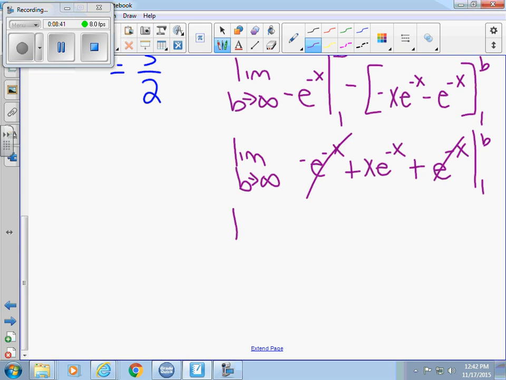Plug in b and plug in 1. I get b e to the negative b plus 1 e to the negative 1. Any questions so far?